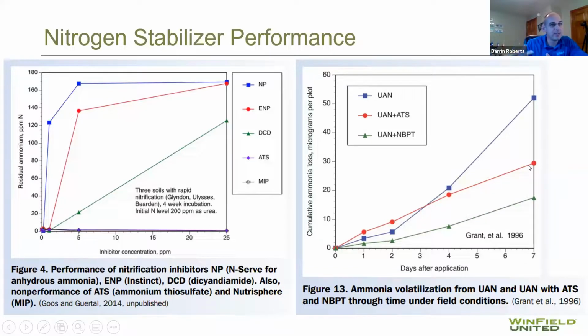So there is some protection against volatilization, but really our best performance is when we include a true nitrogen stabilizer or a urease inhibitor. In this case, they included NBPT, that's the green line here.